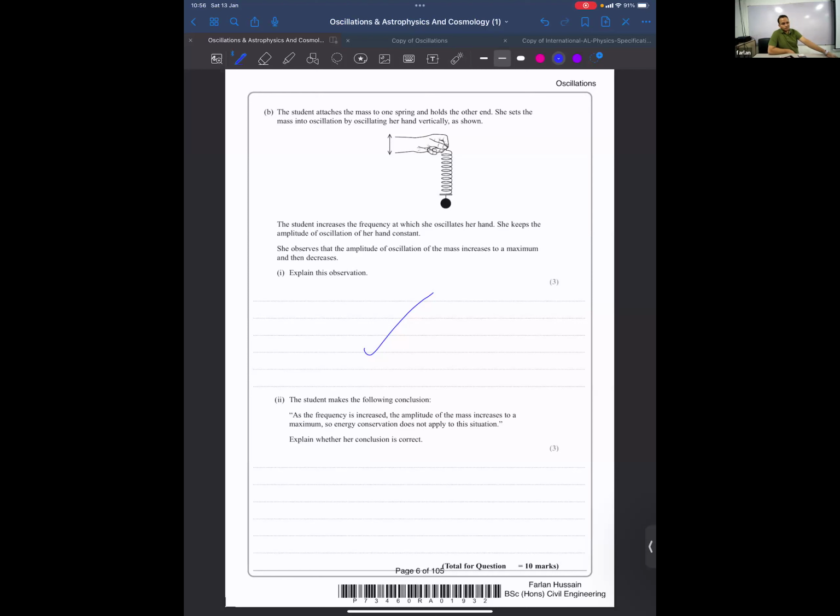You did mention the natural frequency, no? Can you please repeat what you have written? Maximum amplitude, full stop.